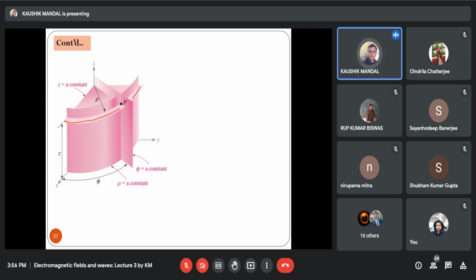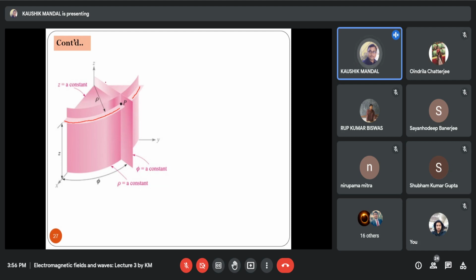This is the x-axis. This is the y-axis. This is the z-axis. You have considered one cylinder with a radius of rho. The center of this cylinder is along the z-axis. So first, to visualize the cylindrical coordinate system, just try to consider a cylinder that is placed with its center along the z-axis.